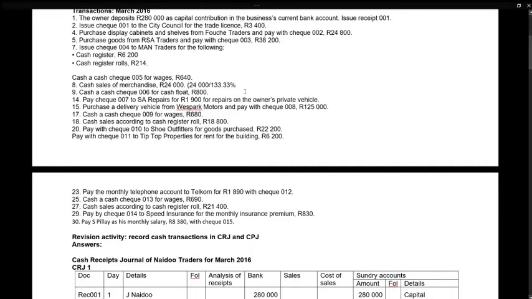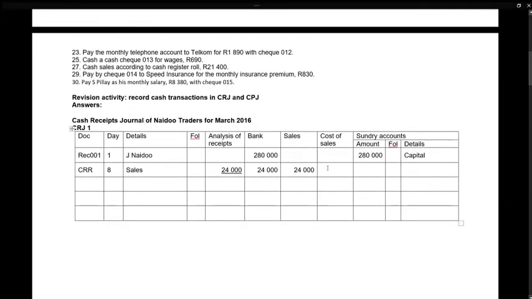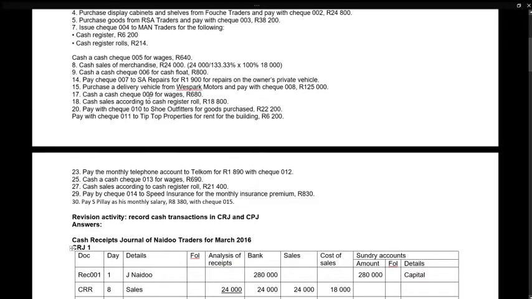The two together will equal my selling price percentage, 133.33. Then I will multiply by what I need, cost price percentage. That's my amount, and then this should equal an amount of 18,000 Rand. Cost price 18,000 Rand. Let's go and account for it. 18,000 Rand. Alright.